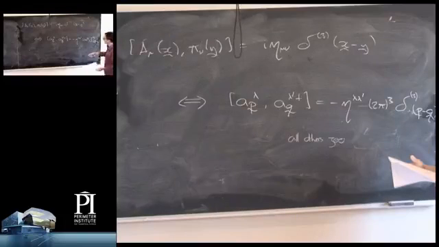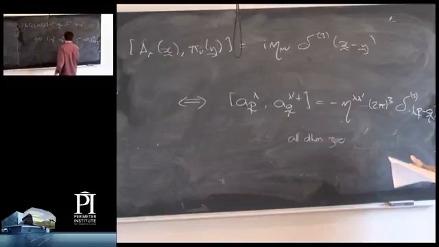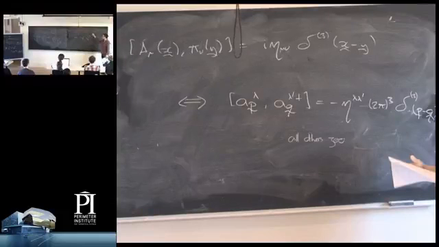So all others 0. This is the usual kind of commutation relation we've seen over and over again. You just plug these into here.